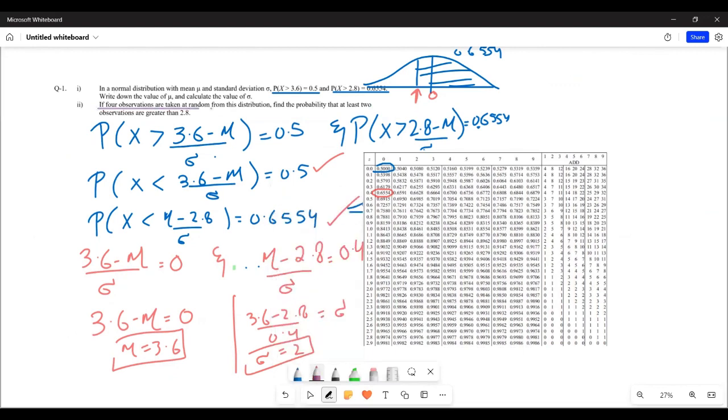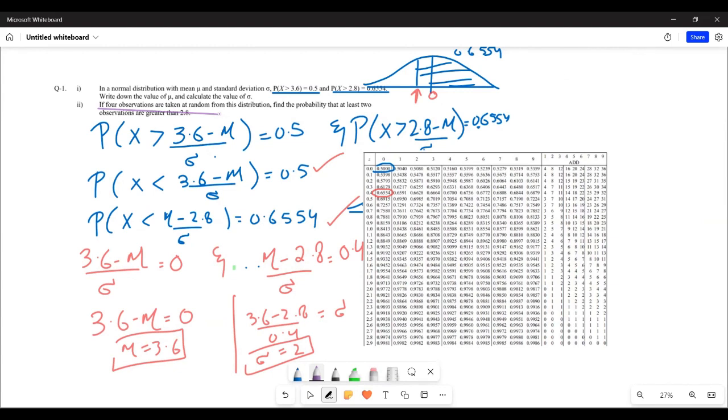If 4 observations are taken at random, so n is equal to 4. So remember we have nCr. So here n is equal to 4.